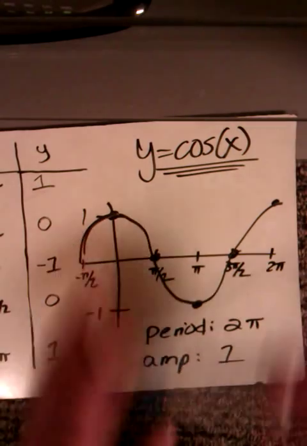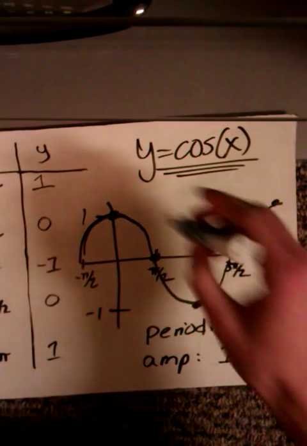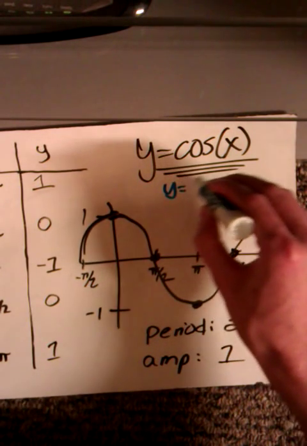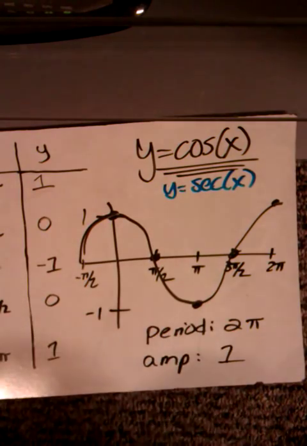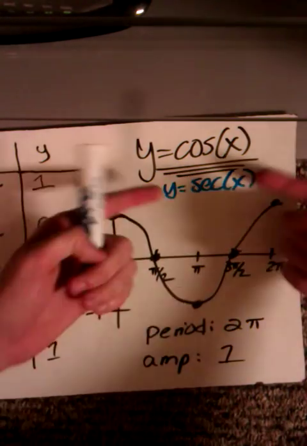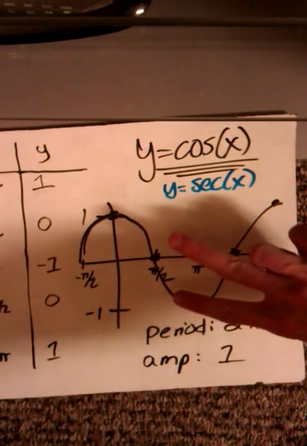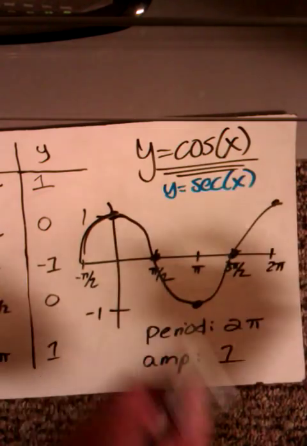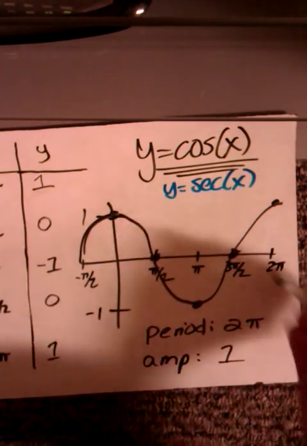So while I've got cosine graphed here, let's take a look at the reciprocal of cosine. Of course, you would know I'd be referring to secant. So if we wanted to graph secant, well, we know it's the reciprocal of cosine. We're taking those values of cosine and we're flipping them upside down. So for example, let's do one that's not actually here.